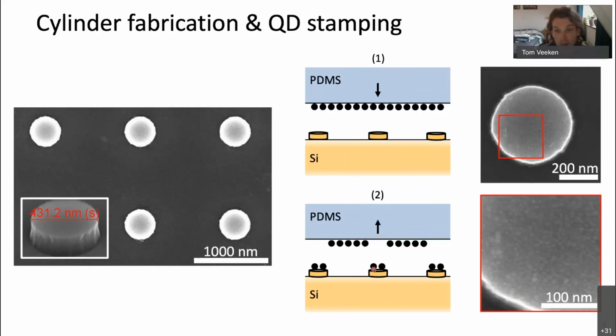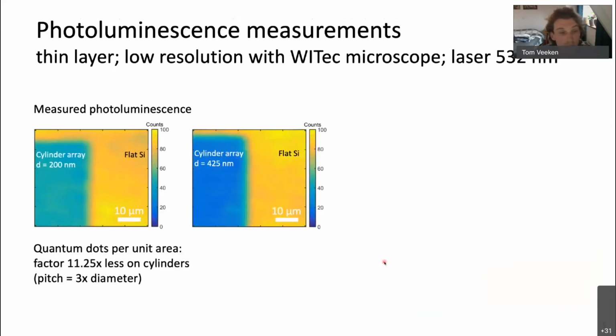Good. With quantum dots on our cylinders, we can actually look at their emission. So we use a confocal microscope made by Veeken to make, as a function of position, the photoluminescence maps that you see on this slide for an array with a diameter of 200 nanometer or 425.